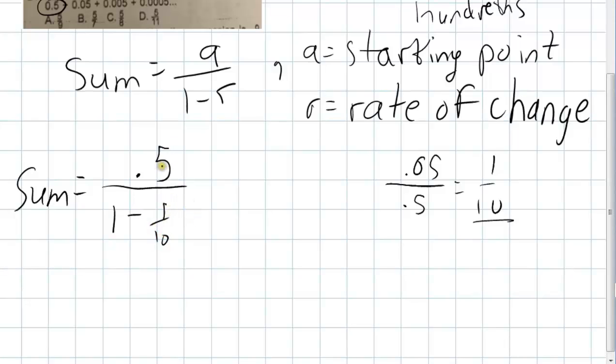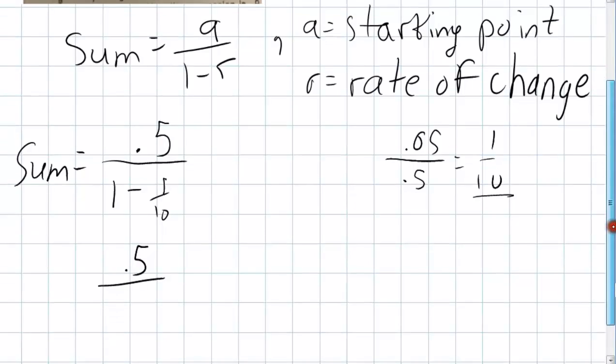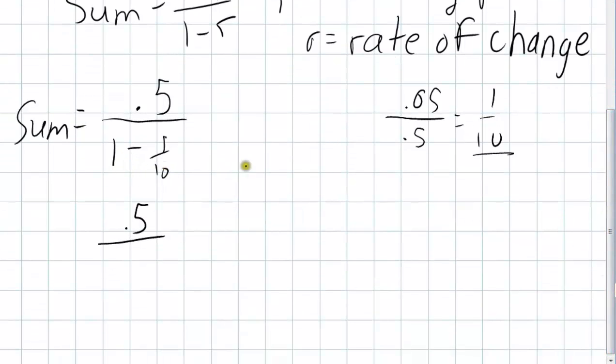So now we just work with what we have here. So I'm going to simplify, and so here we have 0.5 and 1 minus 1/10. Remember that we're taking away from a whole, which means that 10 over 10, because that's one whole, minus 1/10 will give us 9/10. Okay, so now it's 0.5 over 9/10.